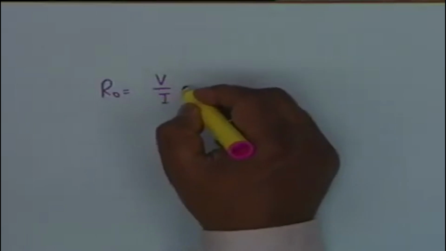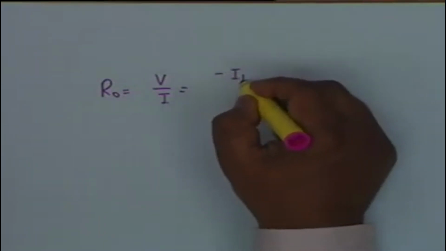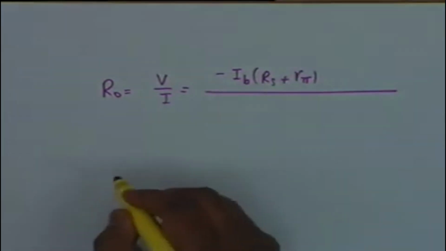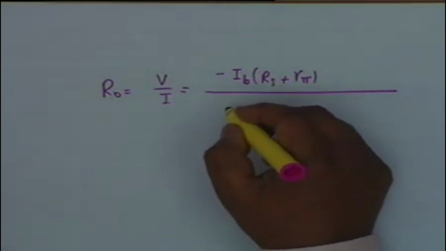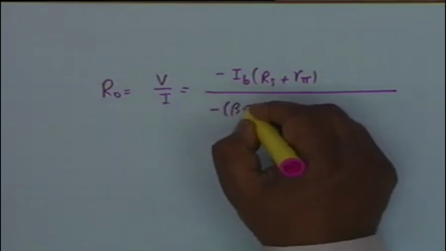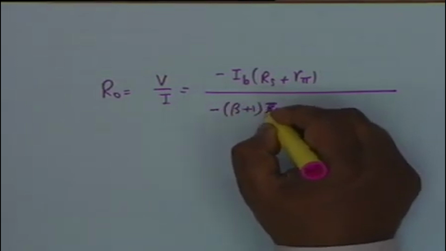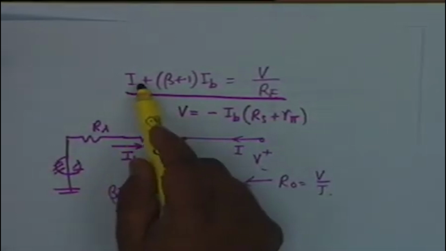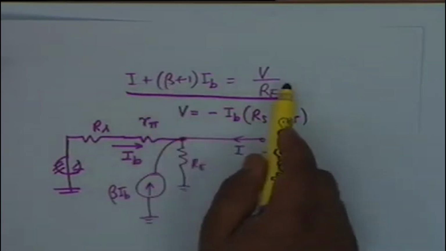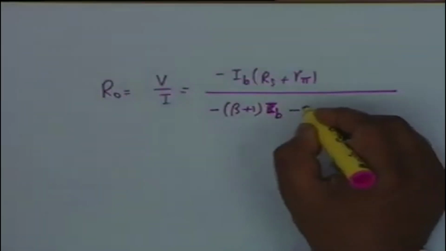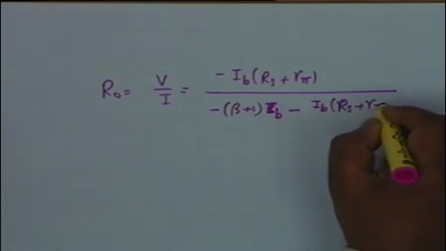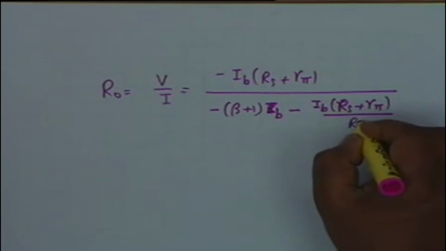Therefore, we get R0 which is equal to V by I, that is equal to minus Ib (Rs plus R pi) divided by minus (beta plus 1) Ib plus V by Re, that means minus Ib (Rs plus R pi) divided by Re.